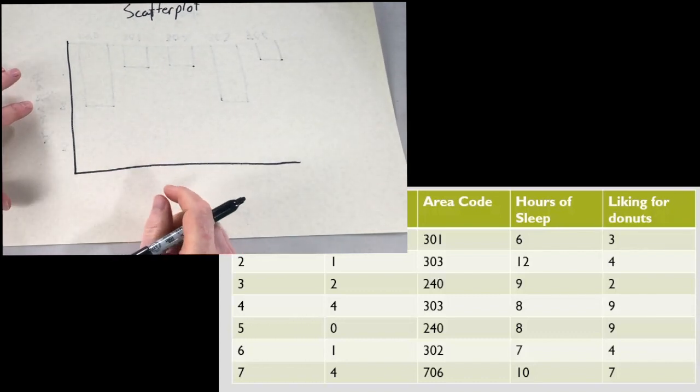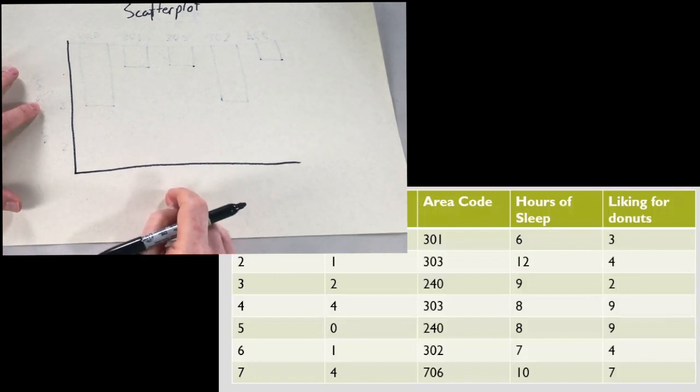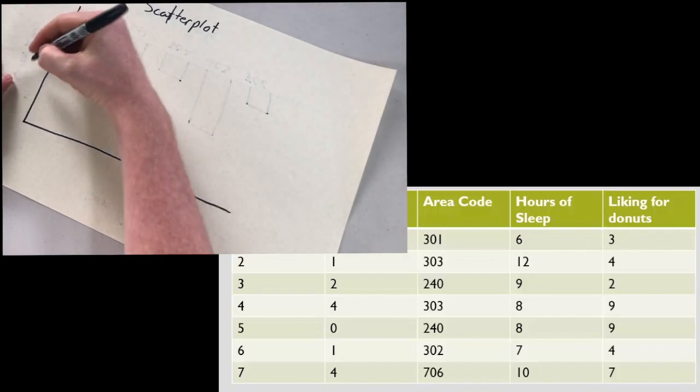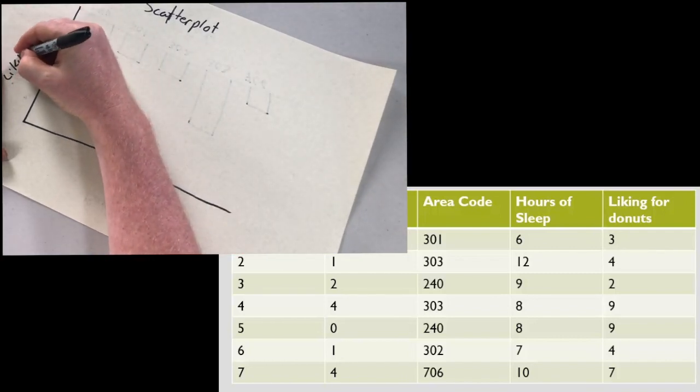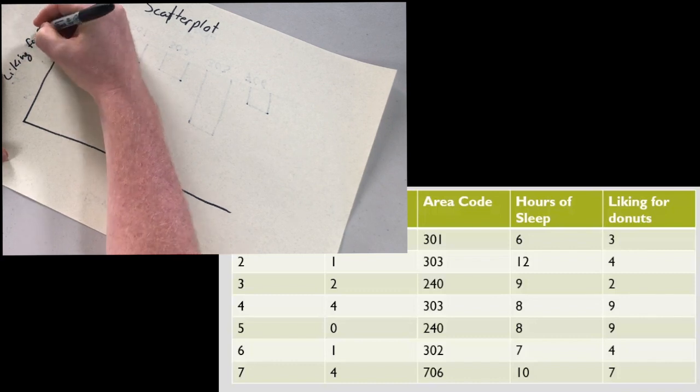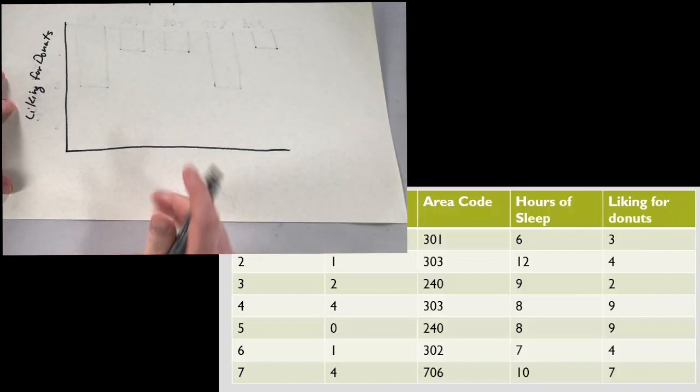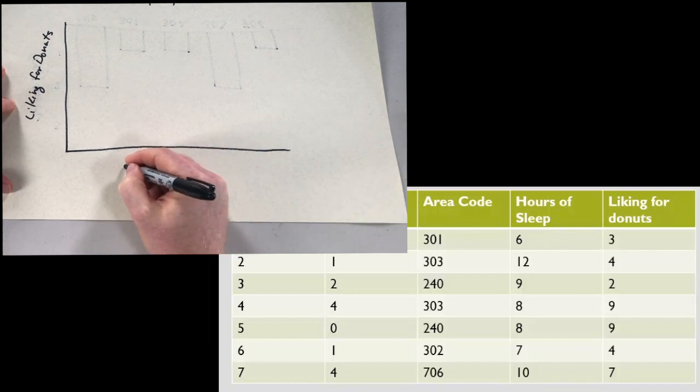Should I put frequency as the x-axis on this scatter plot? No, because in a scatter plot you have 2 continuous variables. So let's go ahead and do our 2 continuous variables as liking for donuts and hours of sleep.